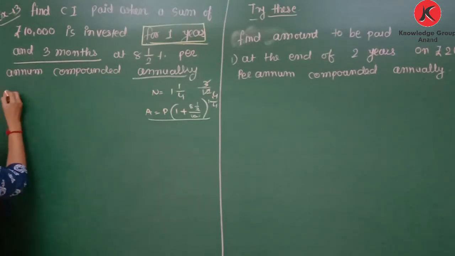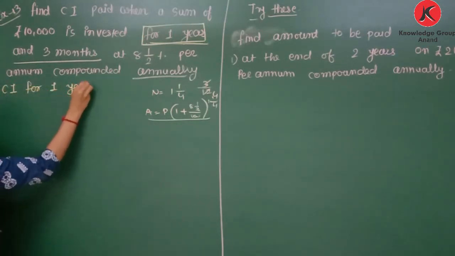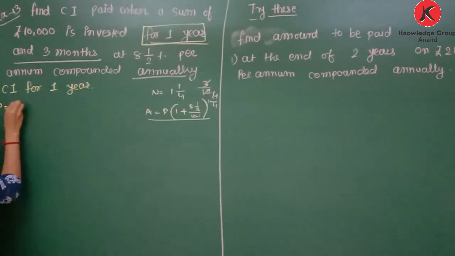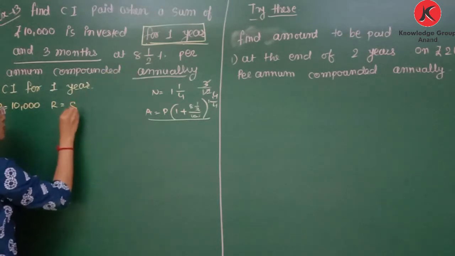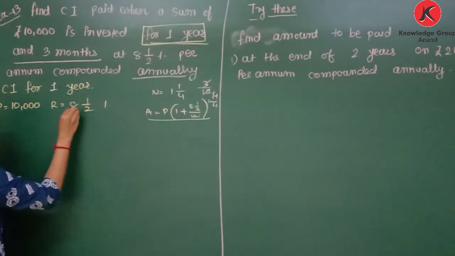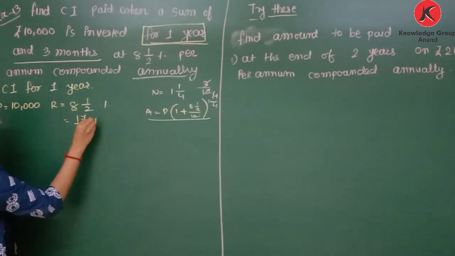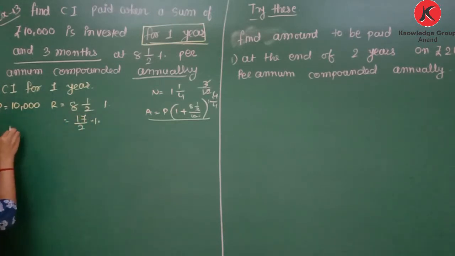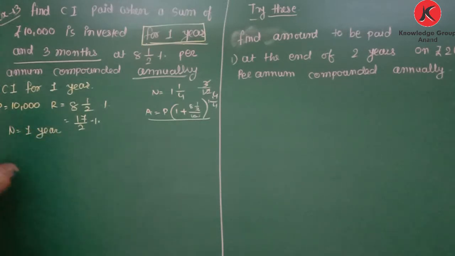So let's find compound interest for 1 year. For that our principal value is 10,000. Rate of interest is 8 1/2%, that is 8 times 2 is 16 plus 1, 17/2%. And n is 1 year.